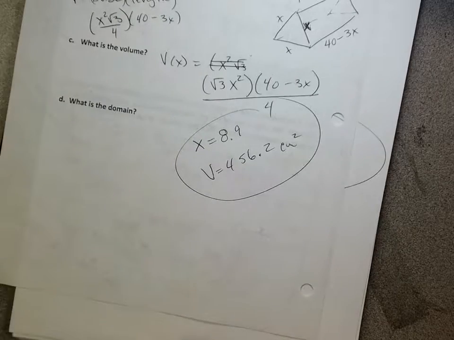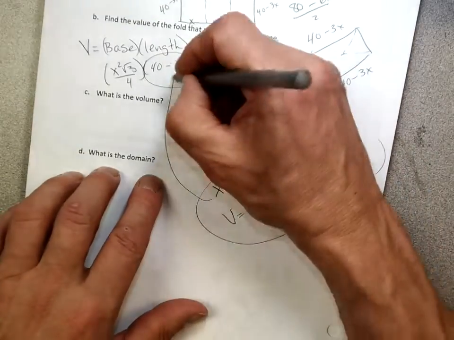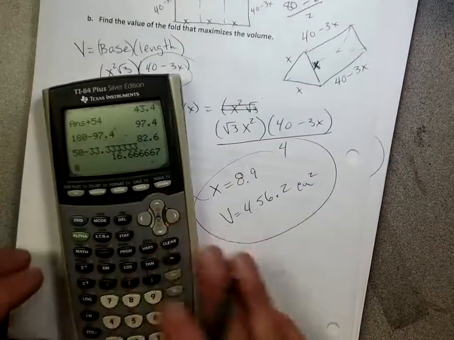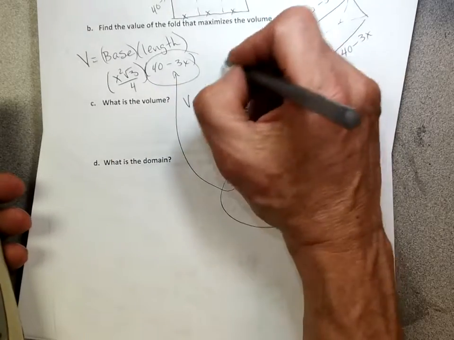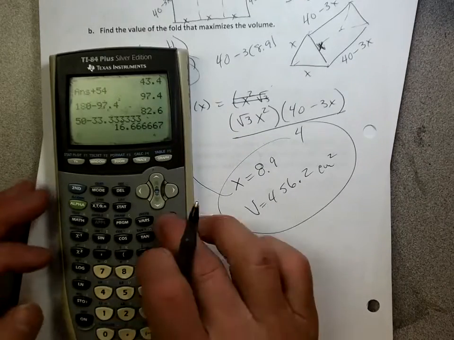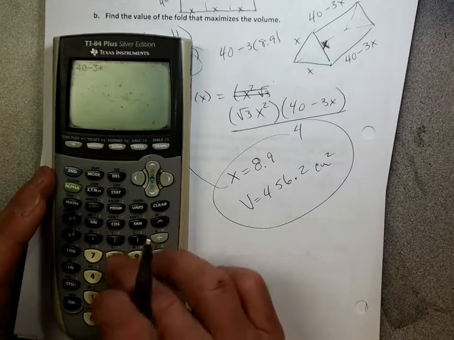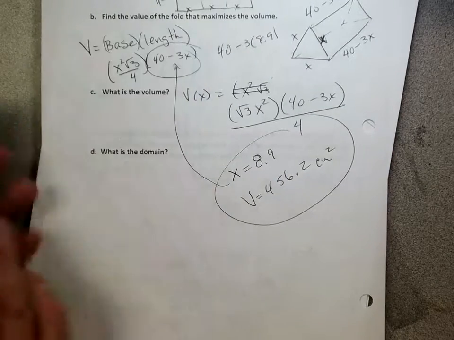What's the length of this thing? Well, let's figure it out. The length of this thing comes from here, right? Isn't that the length? That's my length. So let's see, I'd go for the length, my 40 minus 3 times 8.9. About 13.3, okay?